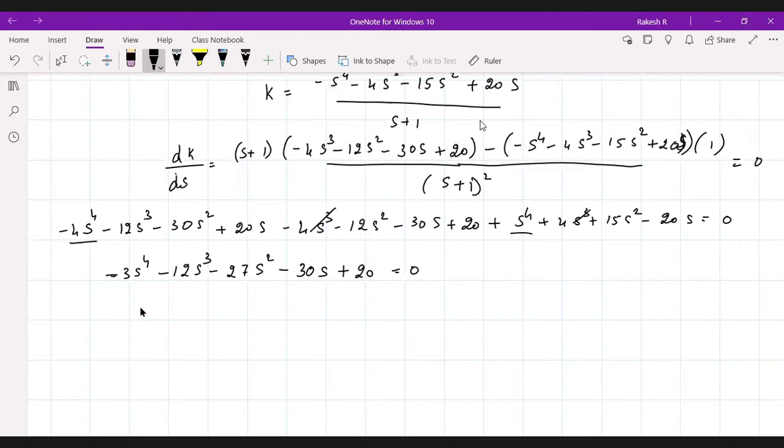So you will be getting s equal to 4 roots here. How will you find them? Through calculus, sir.